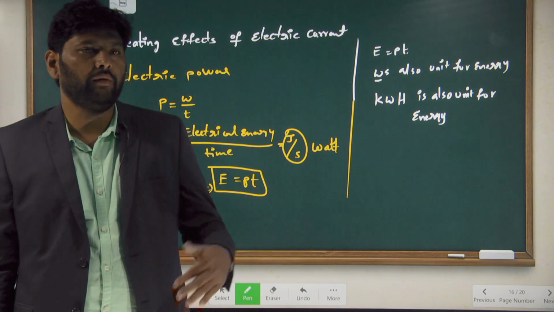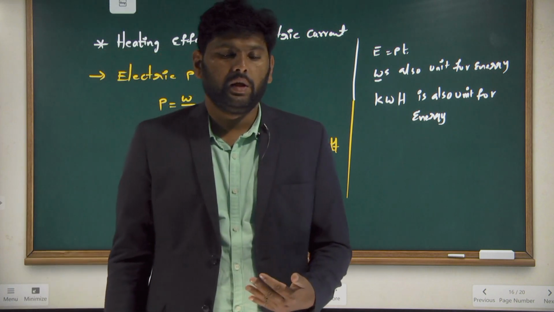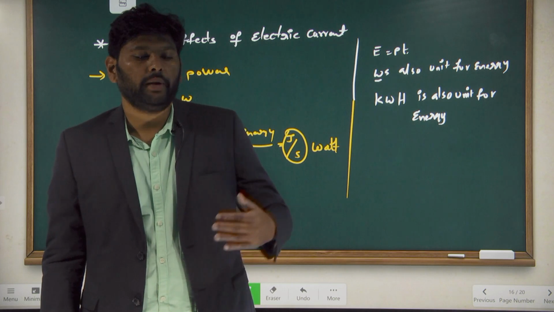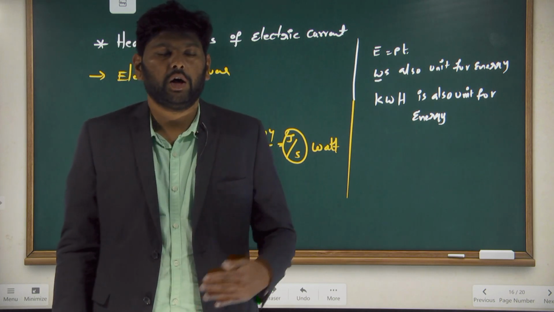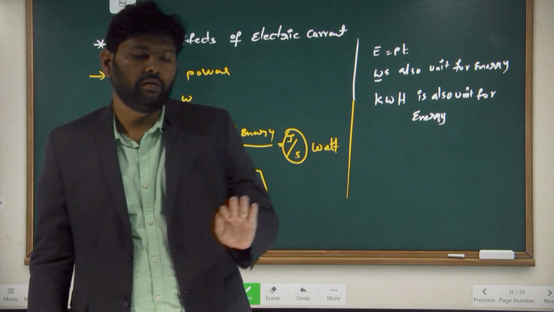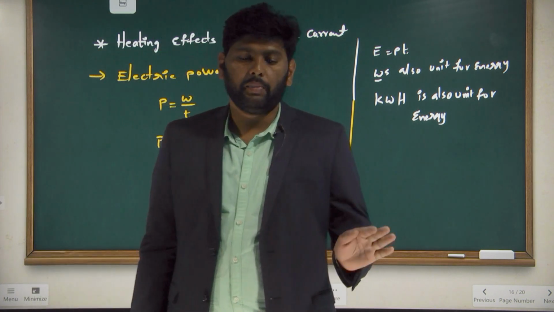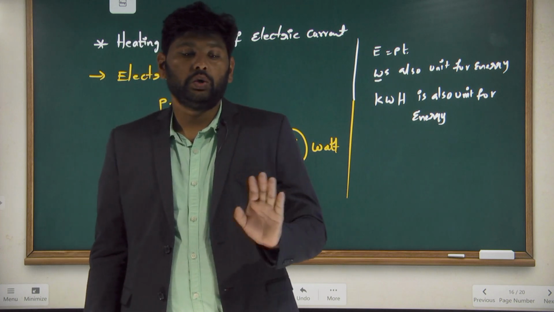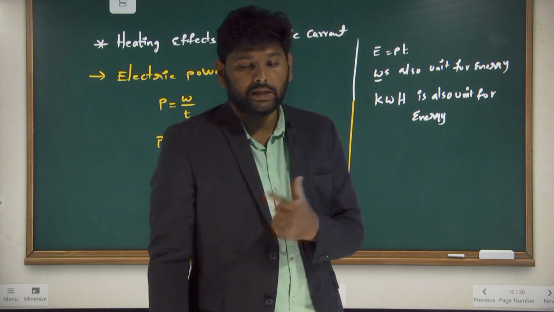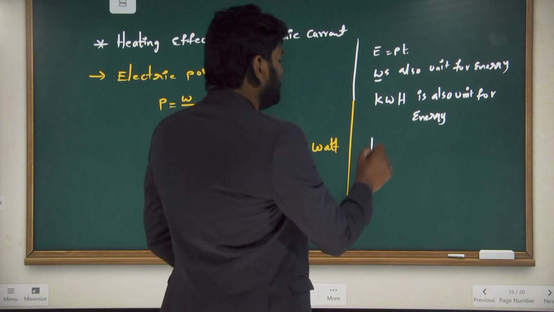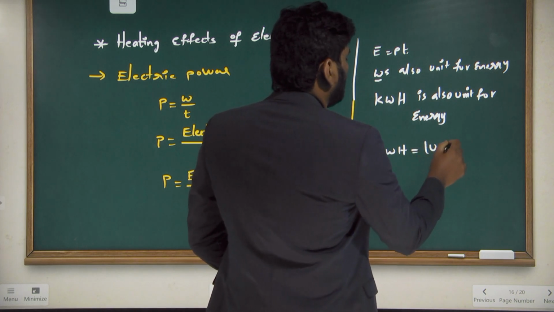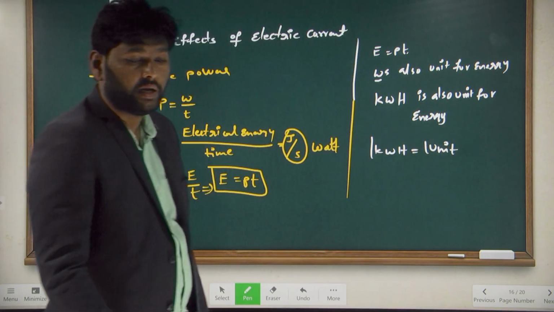Generally in our daily life, we sometimes ask how many units of energy are consumed, how many units of electricity have been burned. That way our conversation takes place. But what is meant by a unit? A unit is nothing but 1 kilowatt hour. Understand? 1 kilowatt hour is equal to 1 unit of electrical energy consumption.